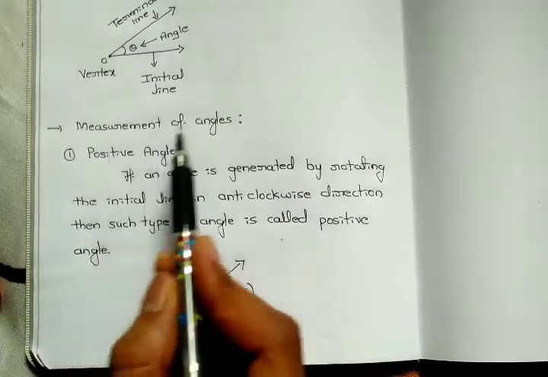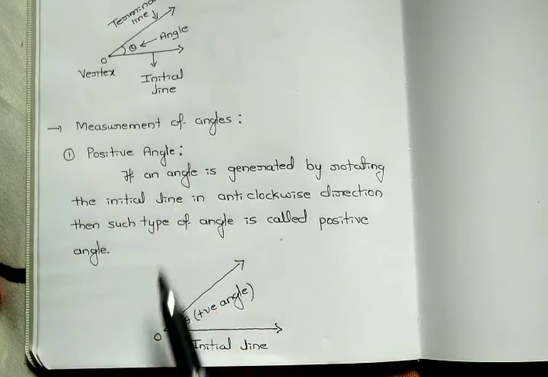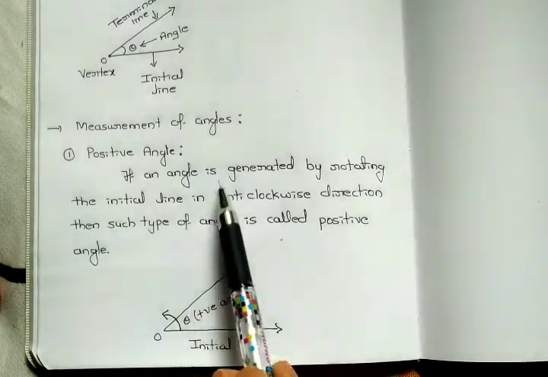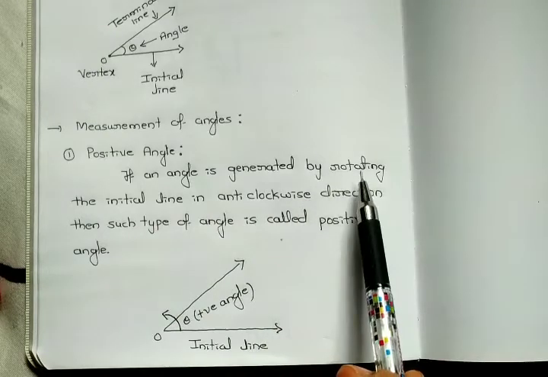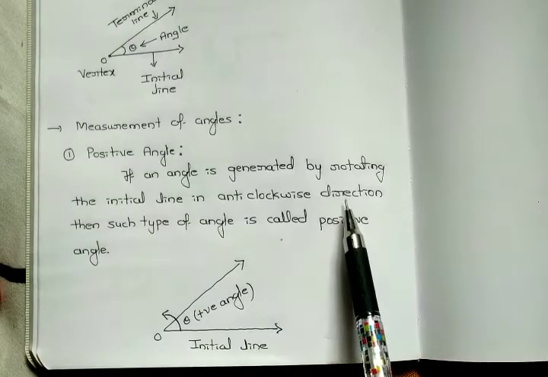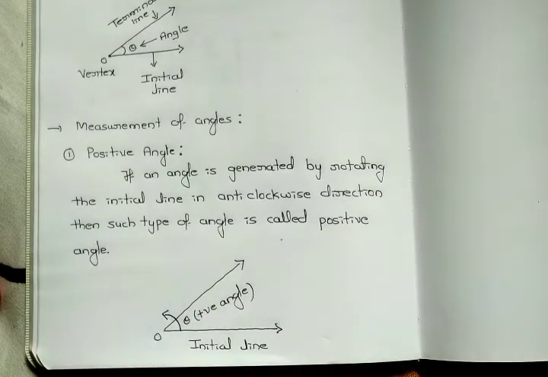Next, measurement of angles. First one is positive angle. Positive angle means if an angle is generated by rotating the initial line in the anti-clockwise direction, then such type of angle is called a positive angle.